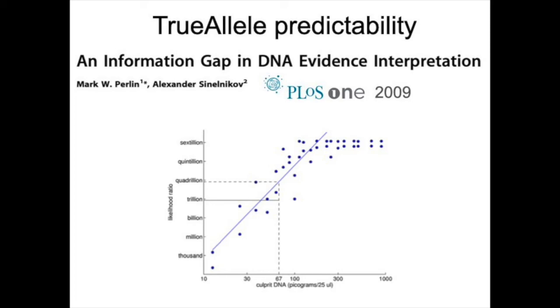On this powers of 10 log-log comparison, as we increase the amount of DNA, we get up to about halfway, 100 or 200 picograms. It then plateaus off. There's no more information. So it's predictable in the sense that it follows basic rules. More DNA in a contributor, on average, more match information, higher match statistics.